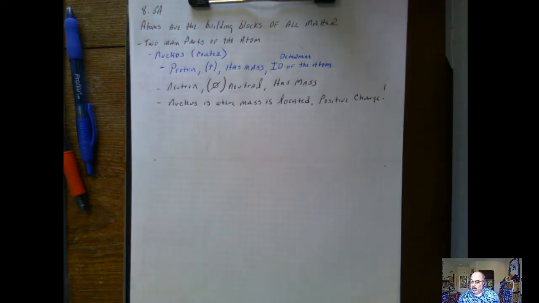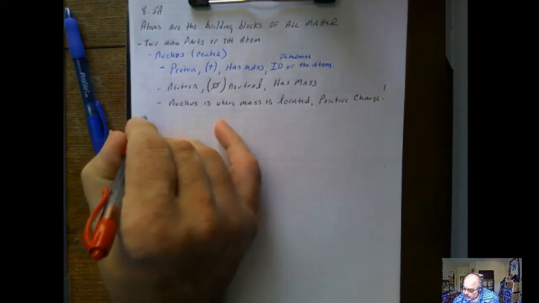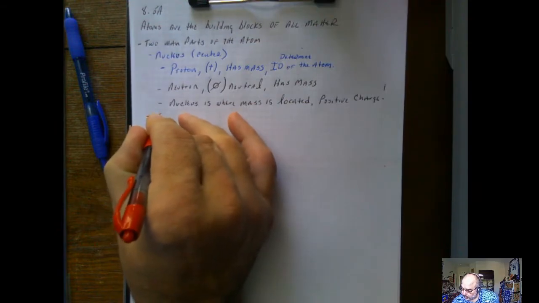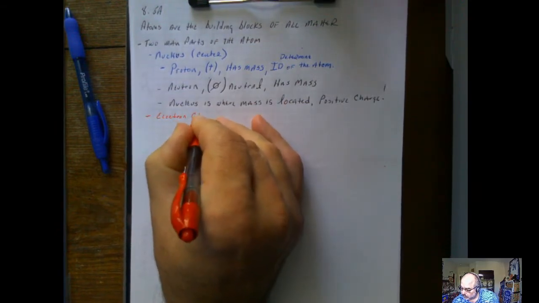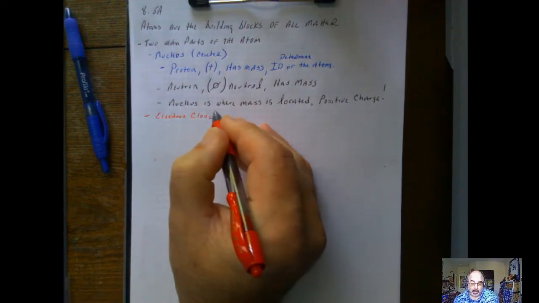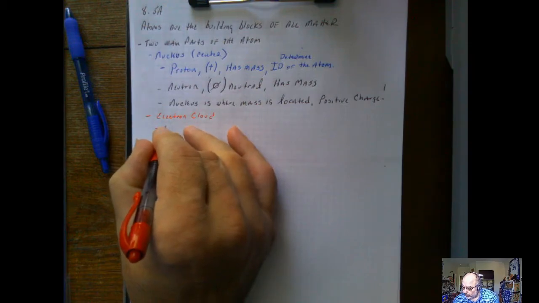Okay? The other main part of the atom is the electron cloud. It surrounds the nucleus.